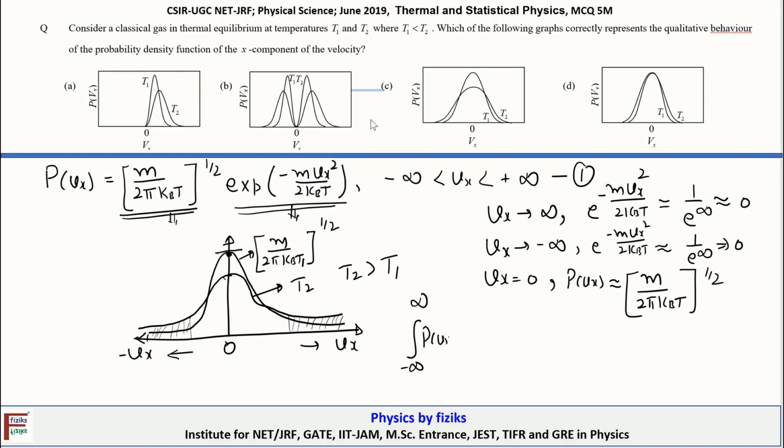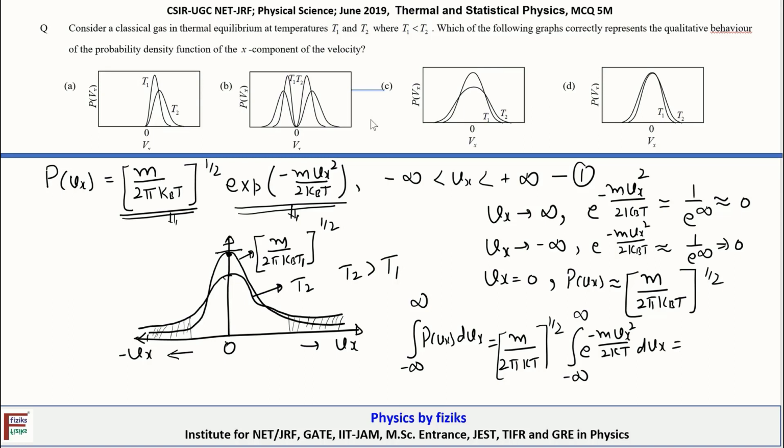And the point is that if you just integrate the probability distribution function with an appropriate limit, P(Vx) dVx, then it will come out equal to, keeping the constant terms outside, (m upon 2 pi kT) power 1 by 2, and then from minus infinity to infinity, exponential of minus m Vx square upon 2kT dVx.